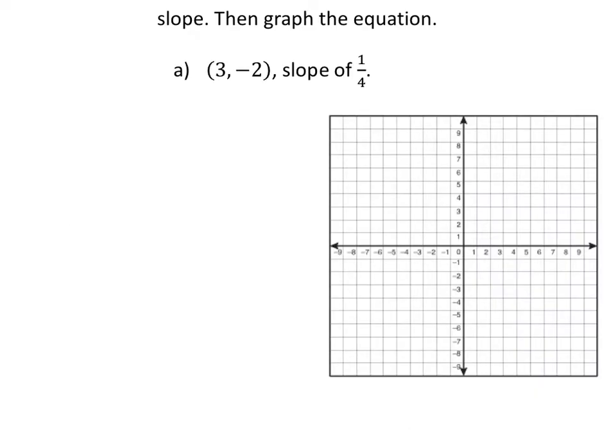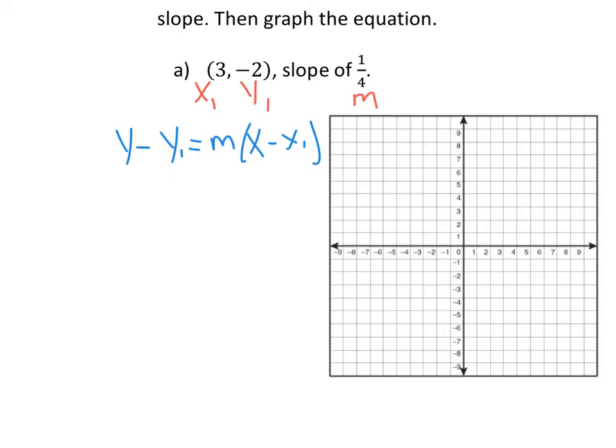Letter A, we have the point 3, -2 and a slope of 1/4. So our 3, -2 is going to be our point, x1, y1. And our slope is 1/4, which is represented by m. Our point-slope form, y minus y1 equals m times x minus x1.